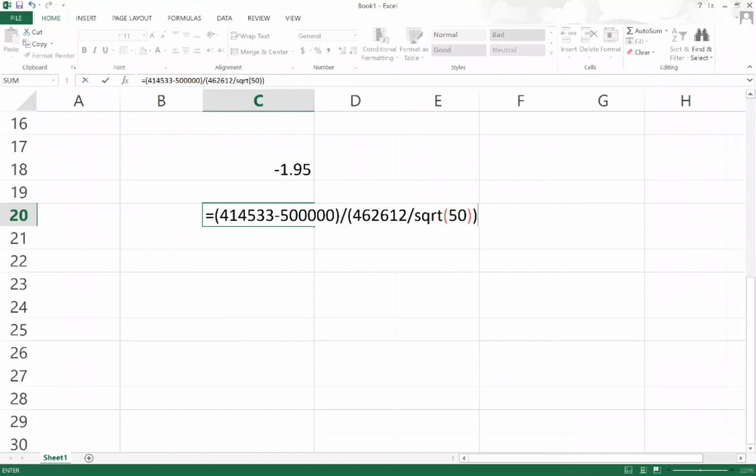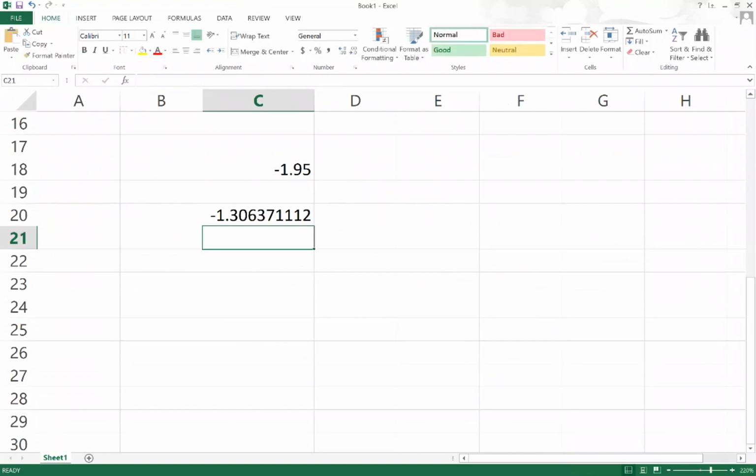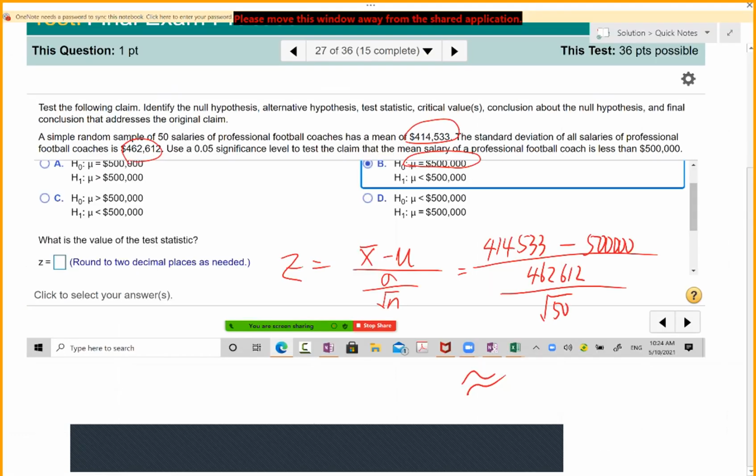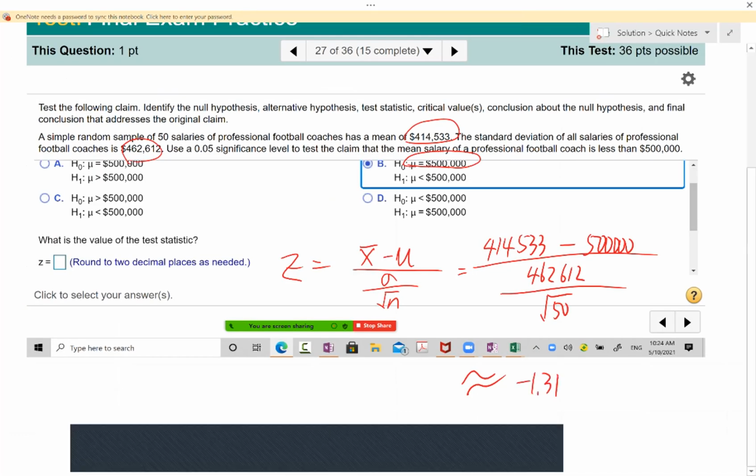And that should do it. So here you go. We get negative 1.31. That's the value of the test statistic.